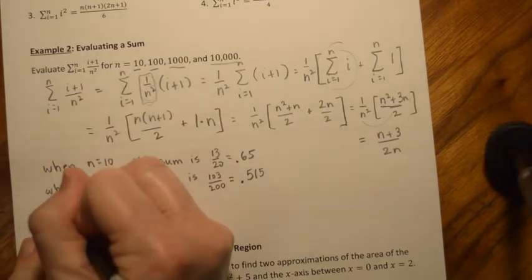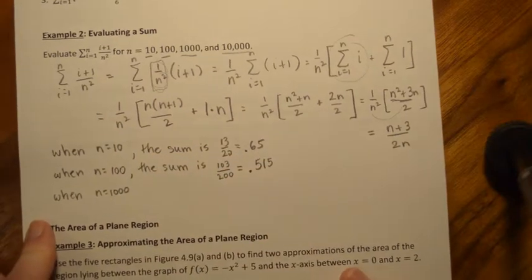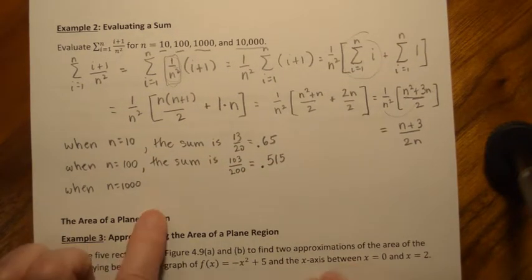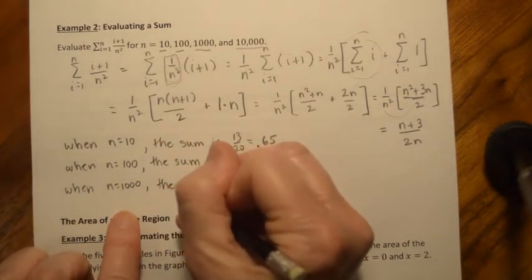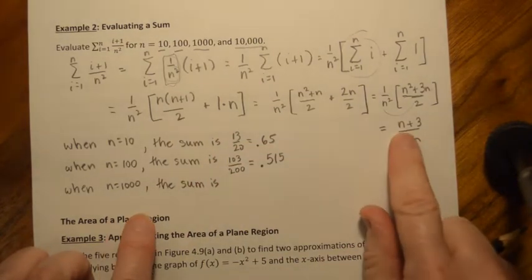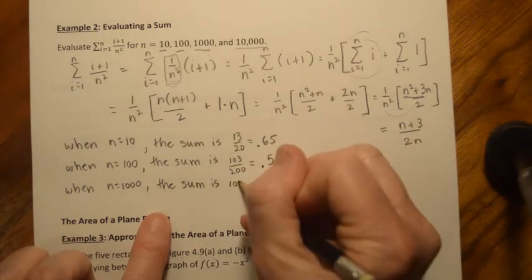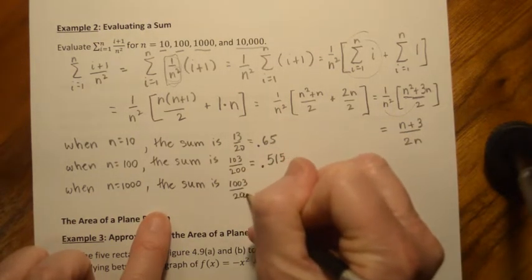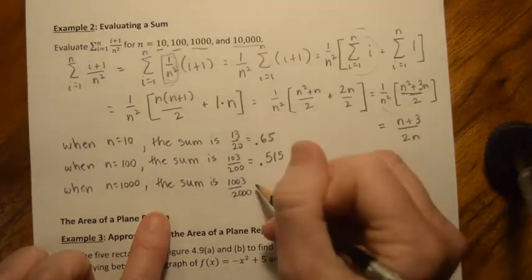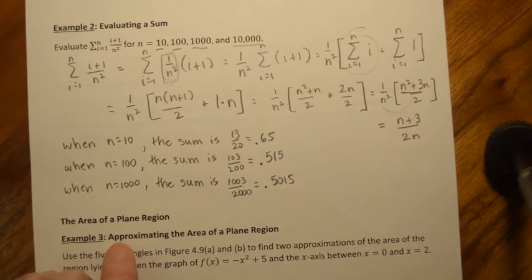And then we would do it again when n equals 1,000. Right, hopefully you see what's happening here. 1,000 plus 3 over 2,000, so 1,003 over 2,000, which ends up being 0.5015.